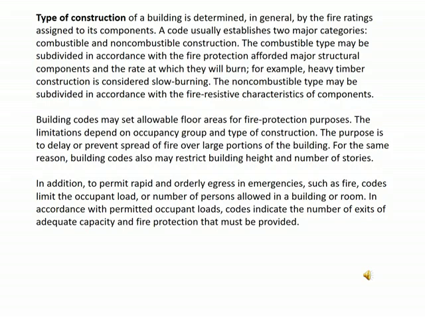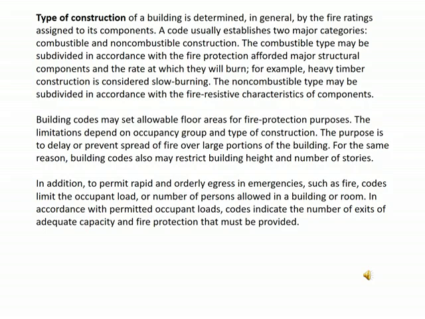For example, heavy timber construction is considered slow burning, but the non-combustible type may be certified according to the fire resistant characteristics of the components. So when we are designing the building, there are many components. The components are fire resistant, and those resistance properties are also based on the fire protection rating, depending on the fire resistant characteristics of the components.